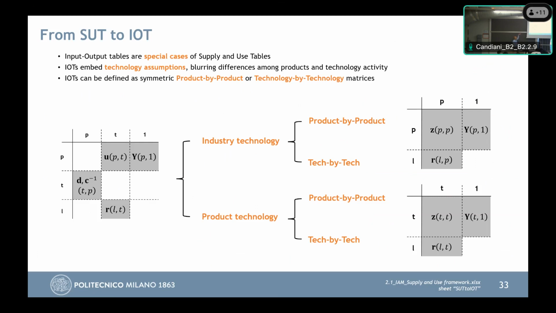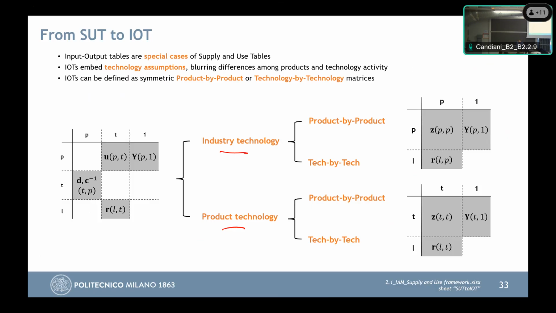Then this supply and use framework is elaborated and translated into input-output tables, product by product or technology by technology, depending on the assumption that we are making. So the square tables are actually embedding the information about the technology assumption, industry-based or product-based. It's like saying that if we take one square table, we are also taking the underlying assumption without being able to change or elaborate it.